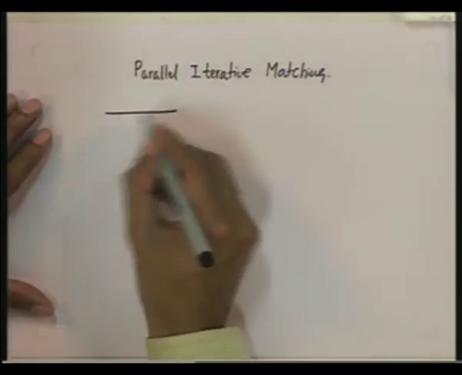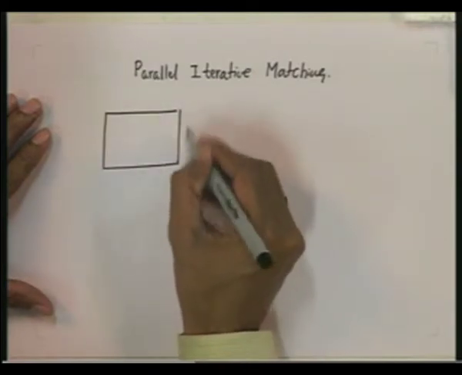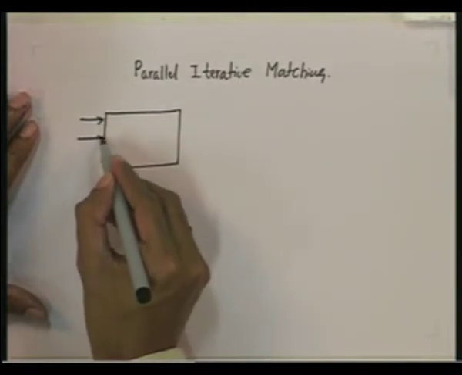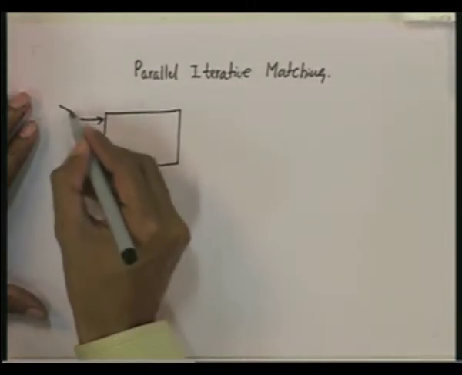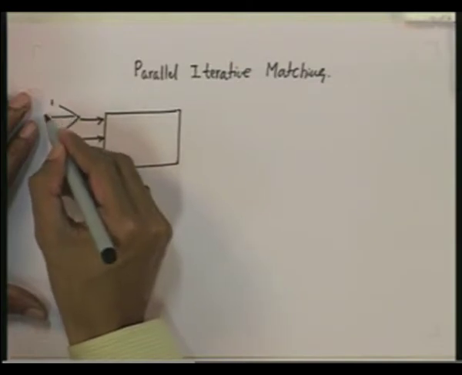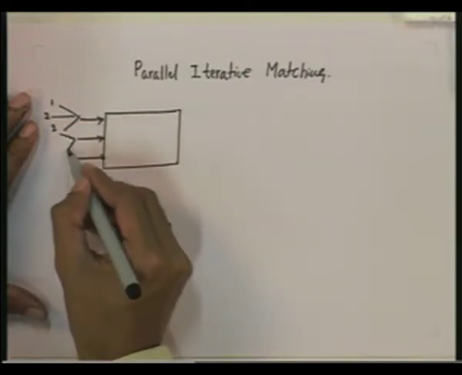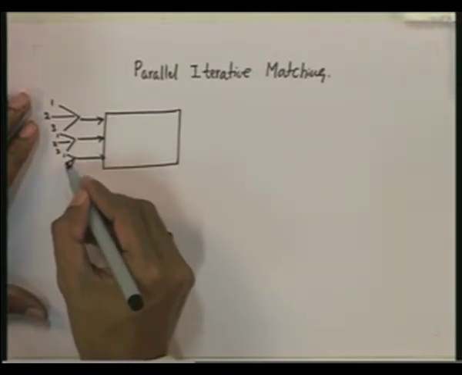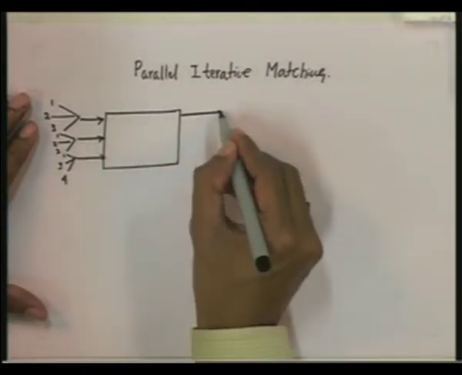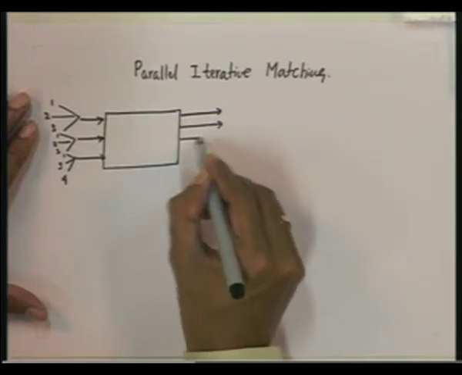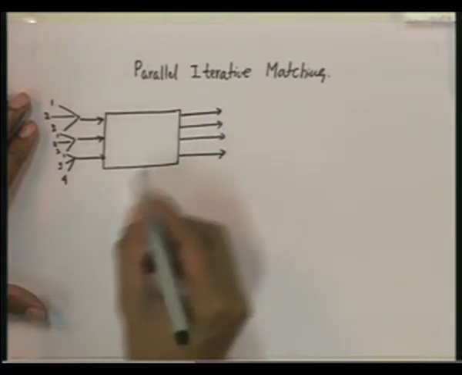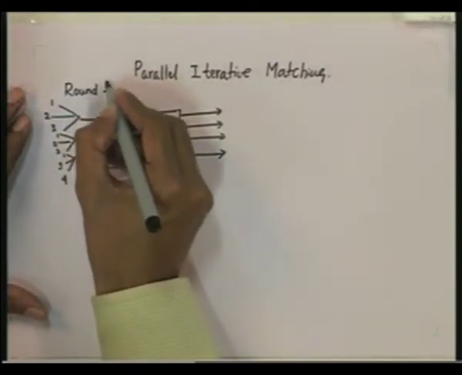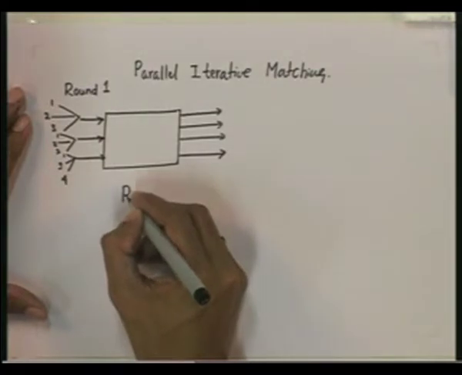So, for example, we will consider our same example. Here we had 1, 2, 3, similarly 1, 2, 3 and 1, 3, 4. Let us say this is round 1. So, you have the request phase.